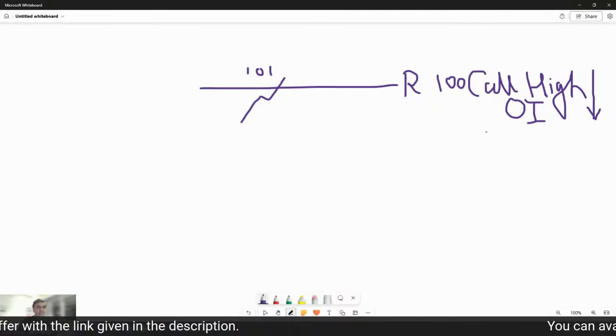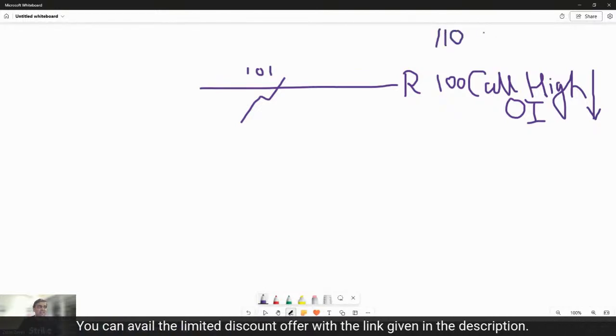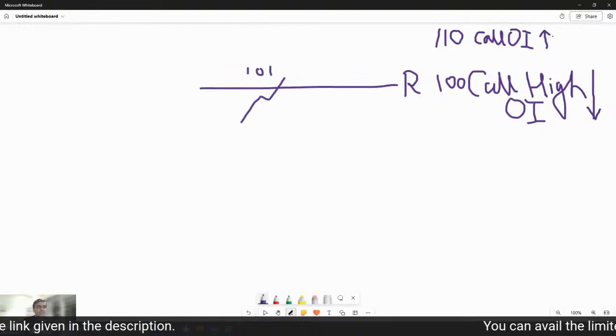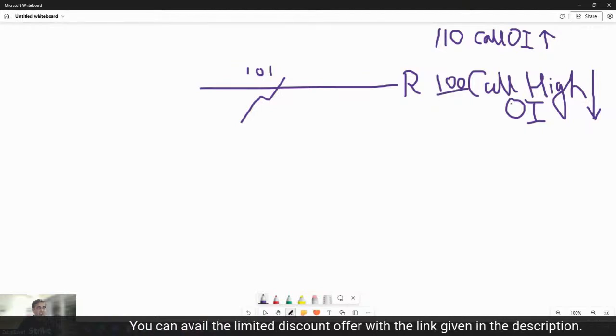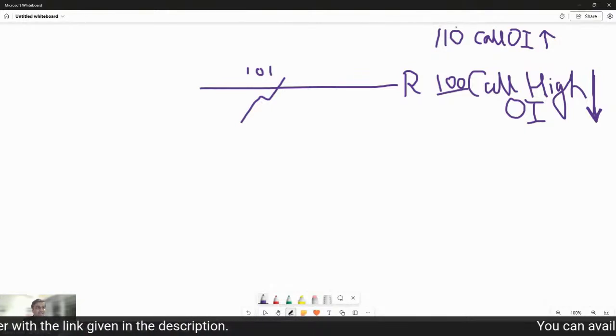And along with that, let's suppose above that there is a 110 strike, and in its call OI there is an addition. Okay. So what do we want? Prices are at 101, above resistance. So at that particular strike 100, there should be a reduction in OI, and at a strike above 100, let's suppose 110, the call OI should increase.